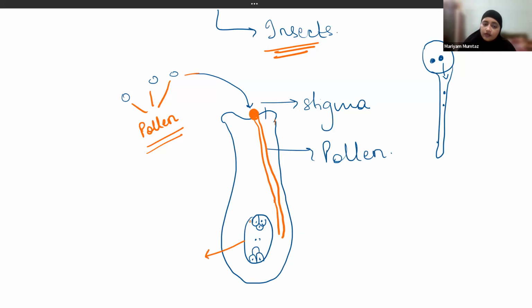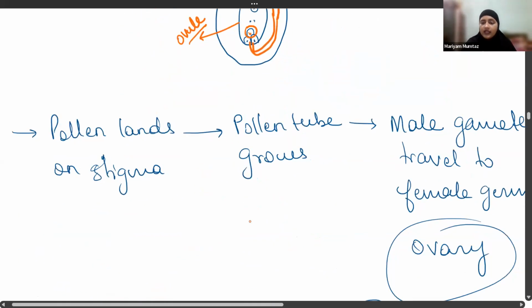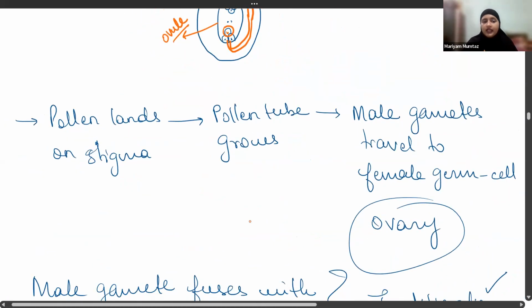And this part is the ovule. And as I told you, the ovule contains the egg cell. This is the egg cell. Now the male gamete will be transferred into the egg cell and fuse with the egg cell and form a zygote. So if we look at this, the first step is pollen lands on the stigma.